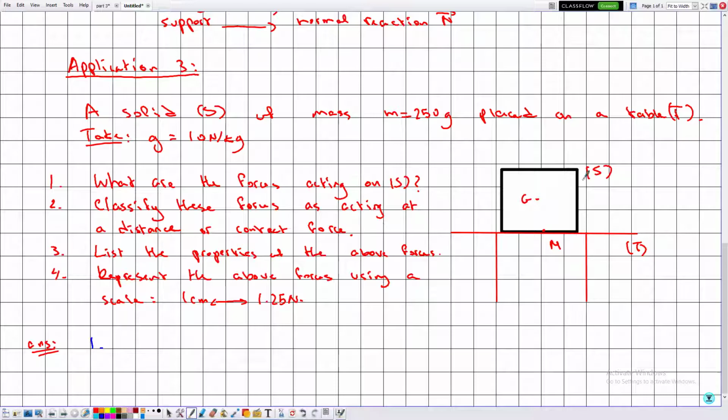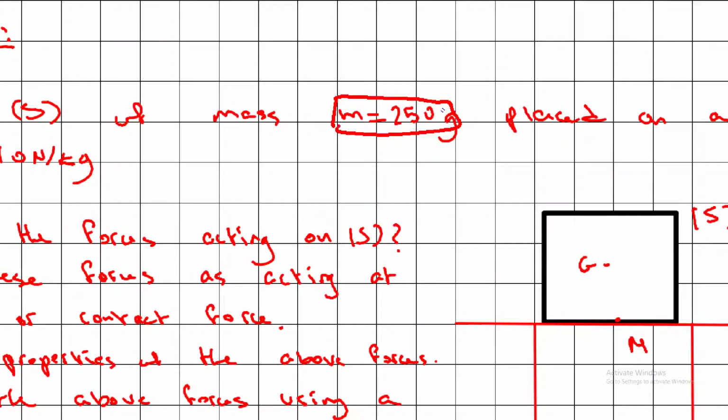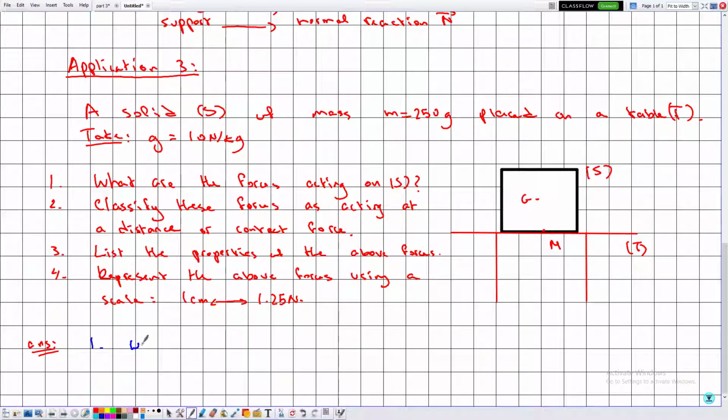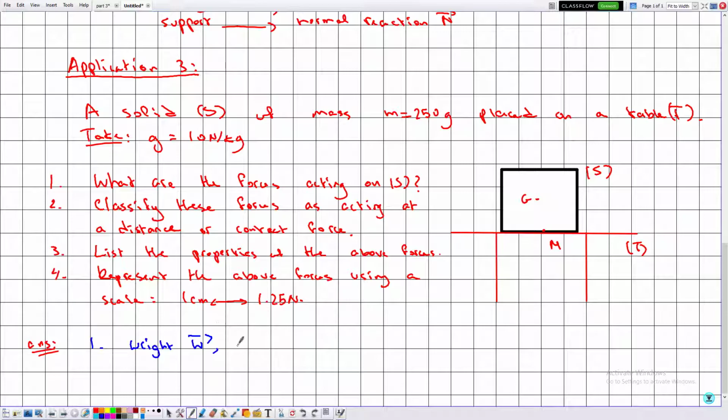Now, what are the forces acting on S? As usual, because this object has a mass, it will be directly subjected to the weight W. And if we refer back to this note, whenever we have a support, and the support may be a table, then we have the normal reaction.